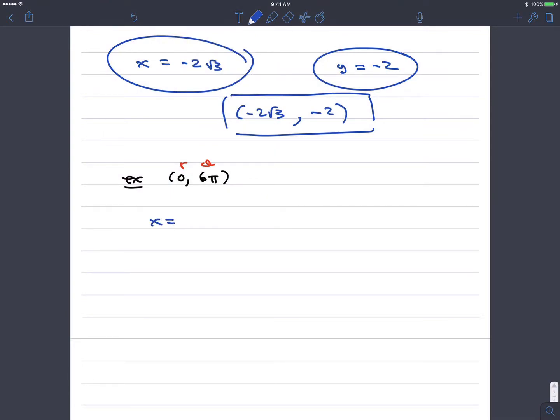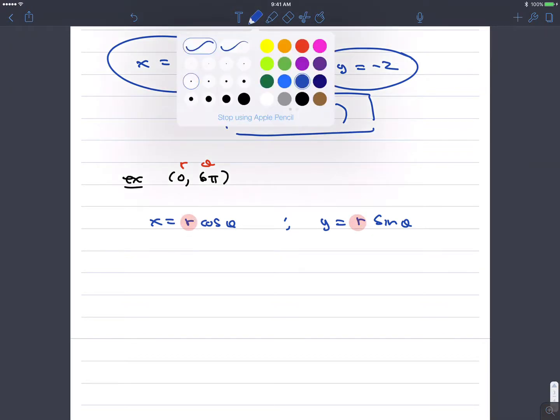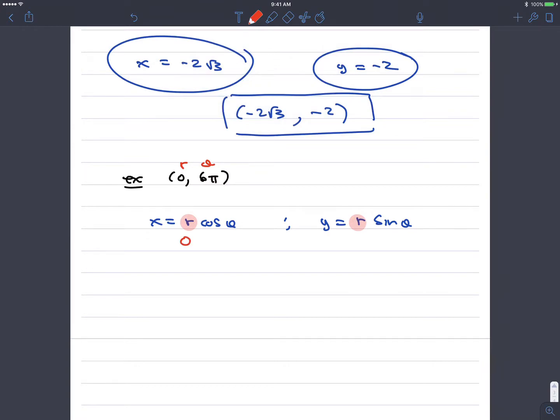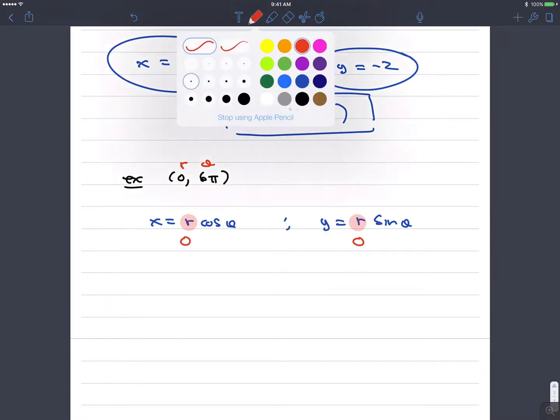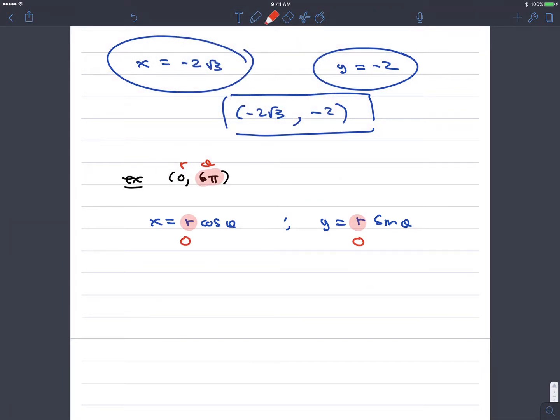Let's say x will be r cosine theta, y will be r sine theta. My radius is 0. So what's my angle? 6 pi. 6 pi here, 6 pi here.